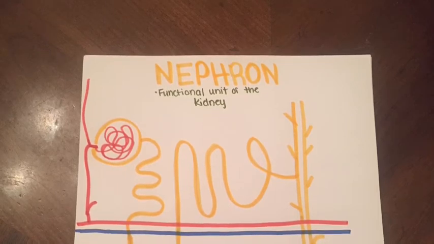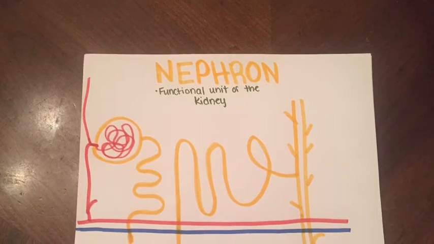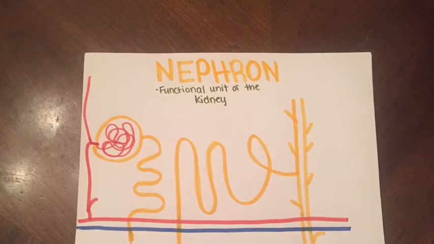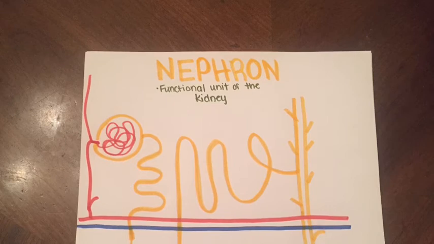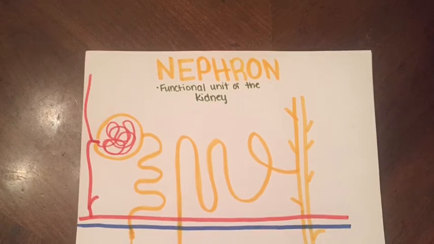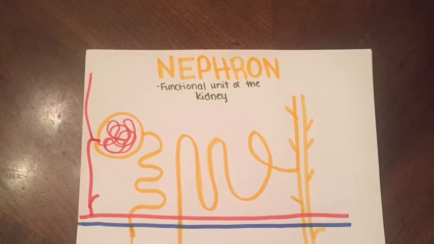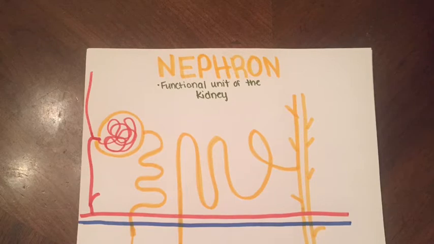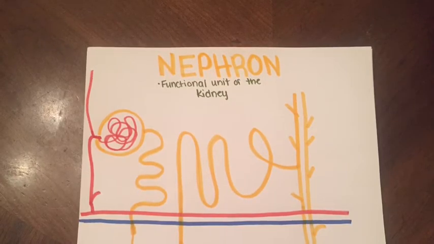Bowman's capsule is the outer portion of the glomerulus. It's the capsule shape. It is wrapped around the glomerulus and catches the filtrate and sends it down to the rest of the nephron. There is a parietal layer and a visceral layer. The parietal layer is made up of simple squamous epithelium. The visceral layer has podocytes, which wrap around the blood vessels like branches.